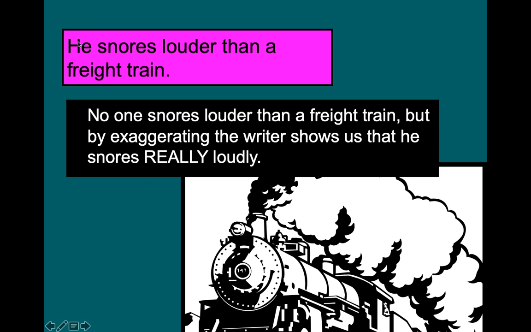But if an author uses this hyperbole, that lets the reader know, wow, he must be snoring really, really loud. It's an example of a hyperbole using exaggeration to get a point across, to create a mental picture, and to describe something vividly for the reader.